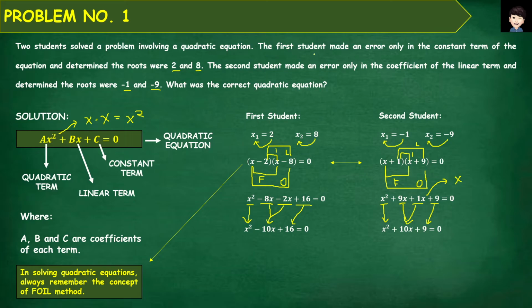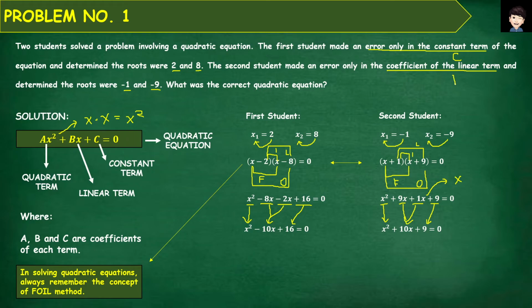Si first student, nagkamali daw sa error only in the constant term. Ano ba yung constant term sa quadratic equation? Yun yung letter C. Sa second student naman, nagkamali daw siya sa coefficient of the linear term. So ano yon sa general form ng quadratic equation?